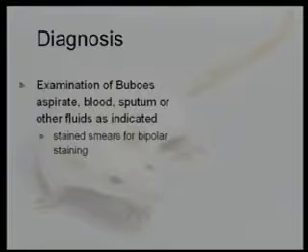Diagnosis: physical examination of buboes, aspirate, or blood, sputum, or other fluids as indicated. One takes the aspirate of a bubo, puts it on a slide, fixes it, stains it, and looks for the characteristic bipolar staining organisms.